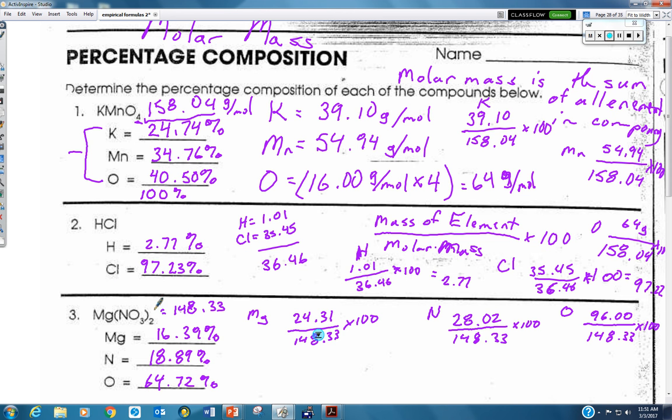But what we're going to have to find out also is what other information can we use this for? And the other information is going to be converting from grams of an element to moles of an element whenever we start dealing with empirical formulas and determining molecular formulas. So along with this video, I will also include another video that's talking about converting from grams to moles, moles to grams. Thank you.